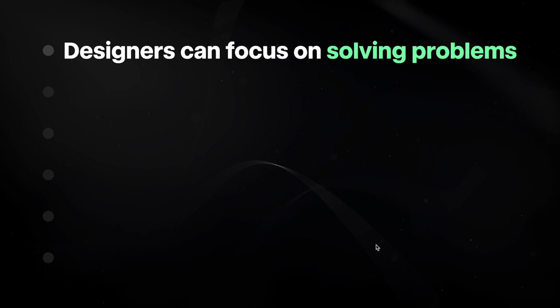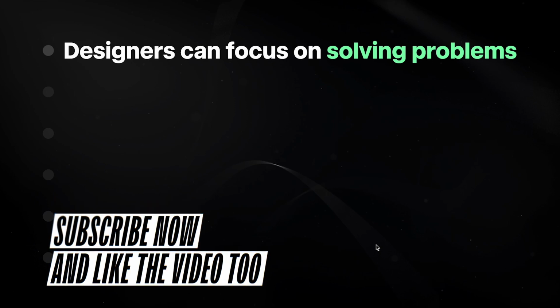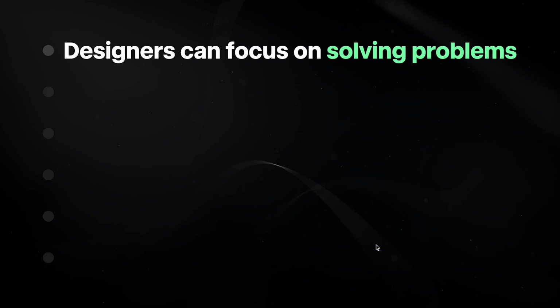Which component should they use? What should be the color? What should be the font size? What should be the right token, right? Designers should not have to spend time thinking about all of those things. Designers should spend time on solving problems and coming up with experiences. So the design system has to be built in such a way that designers can focus on solving problems rather than figuring out all these UI issues, right?